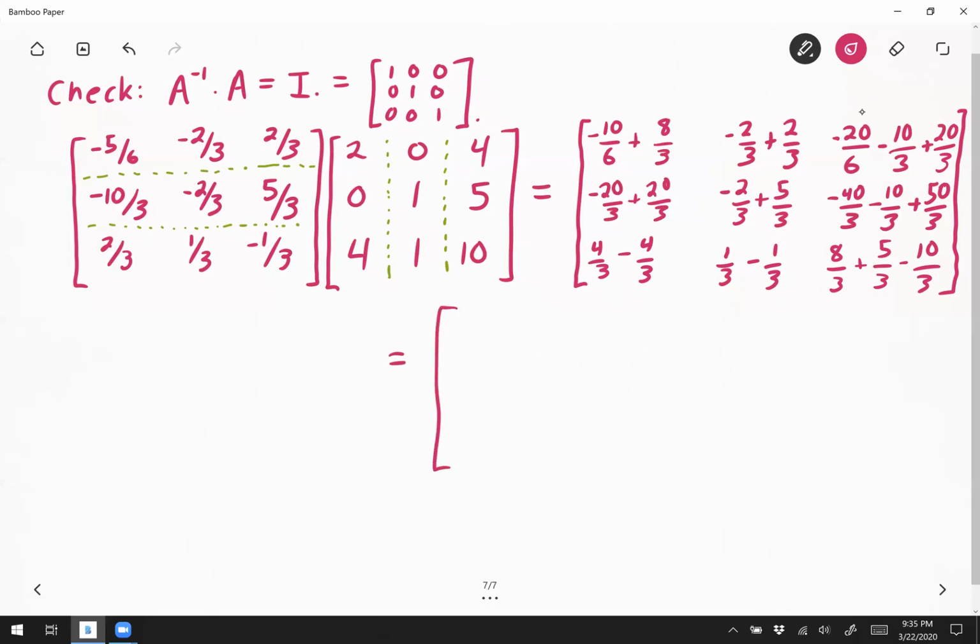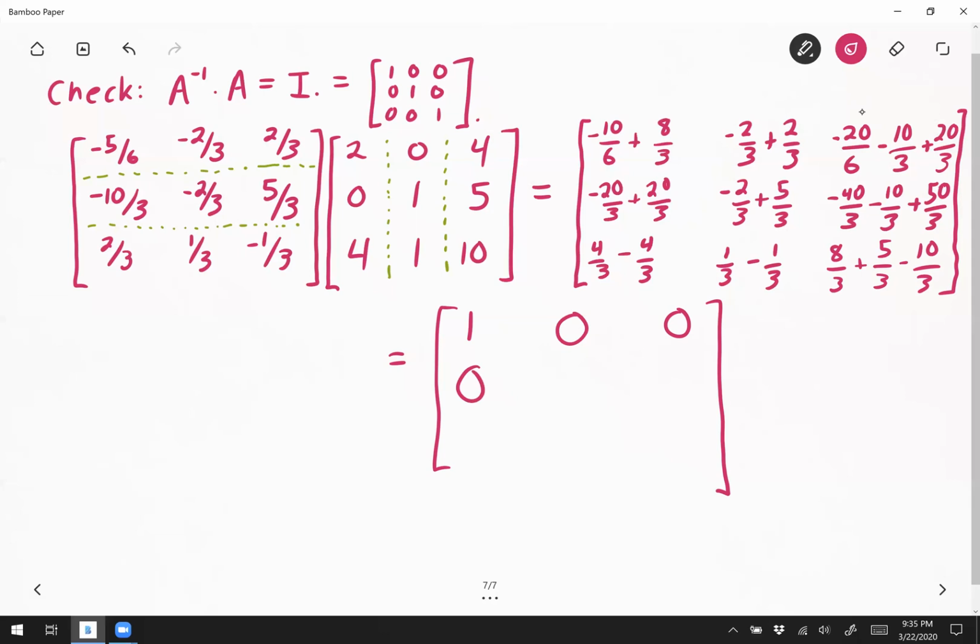See this first fraction, negative 10/6. Do a common denominator, that's negative 10/6 plus 16/6, which gives us 6 over 6, which is 1. Get a 0 here. Again, I need some common denominators. If I put these all over 6, I'm going to have negative 20 and positive 40. Also gives me a 0. Second row, it's very much 0.